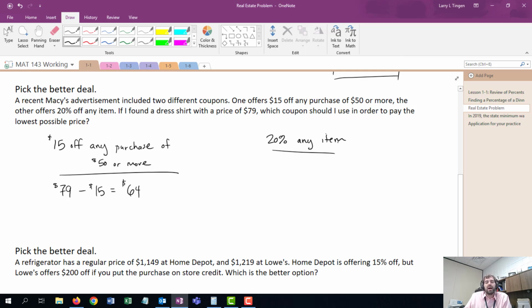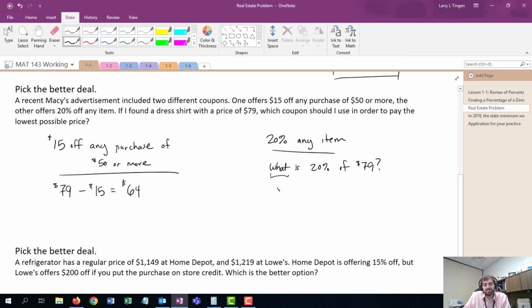Well, let's find out. How do I take 20% off an item? Well, if I get 20% off, that means I just want to figure out, what's the discount? So what is 20% of 79 bucks? Okay.